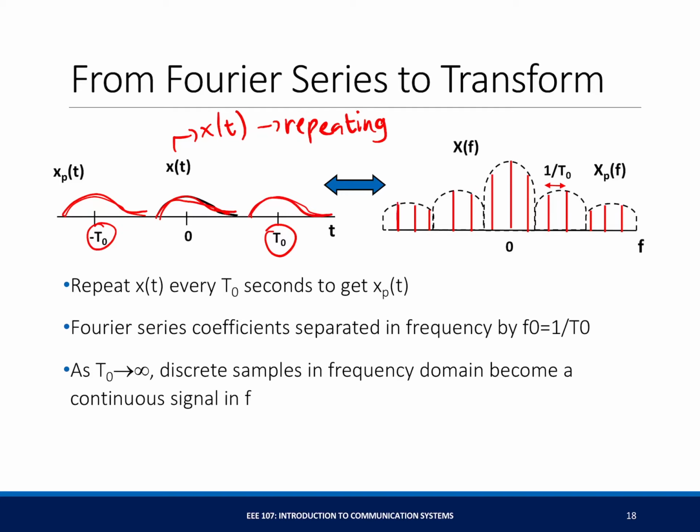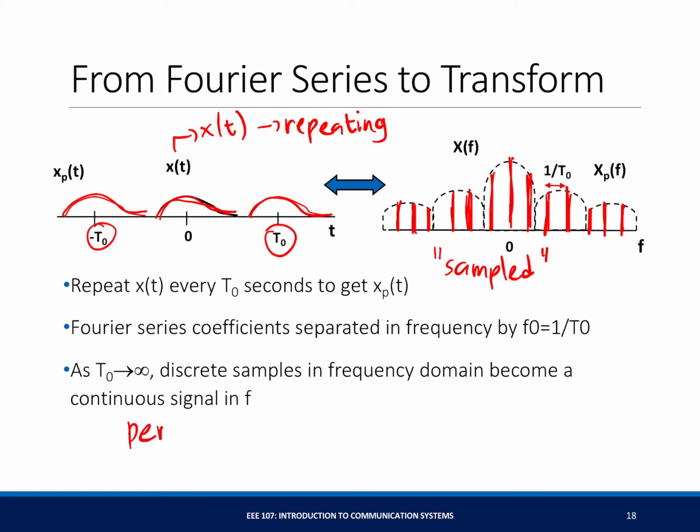What happens then is its frequency spectrum will be quote-unquote sampled. So parts of its frequency spectrum will pop up, and the continuous frequency spectrum of your aperiodic signal would now become discrete.